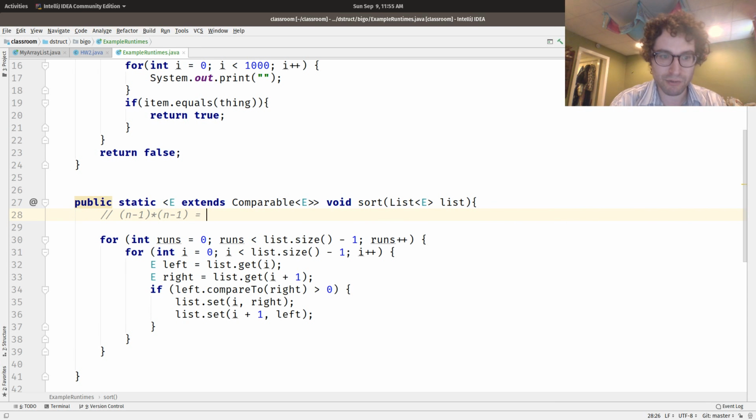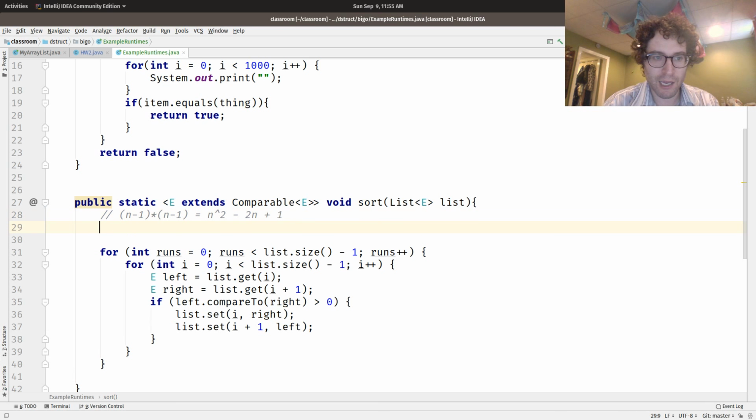So that's equal to (n-1) times (n-1), which is n squared minus 2n plus 1, if you FOIL that out. So that's the amount of comparisons we have to do. Because the biggest term in here is n squared, we say this is a big O of n squared algorithm.